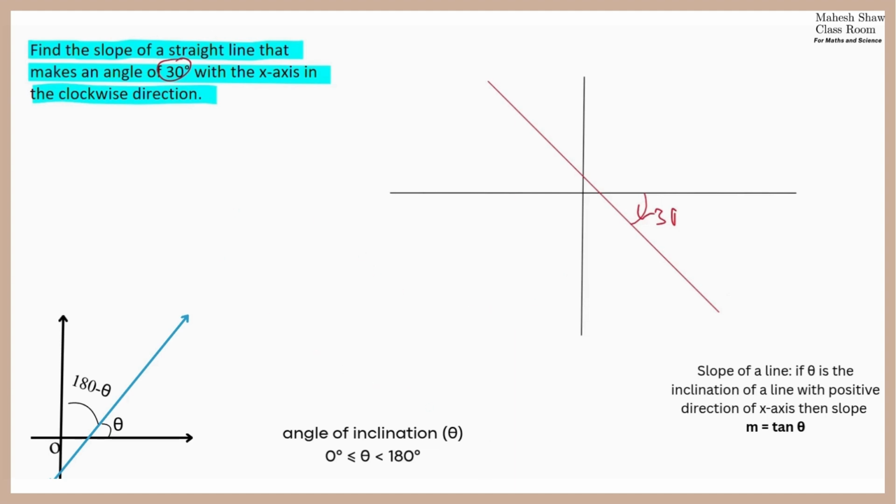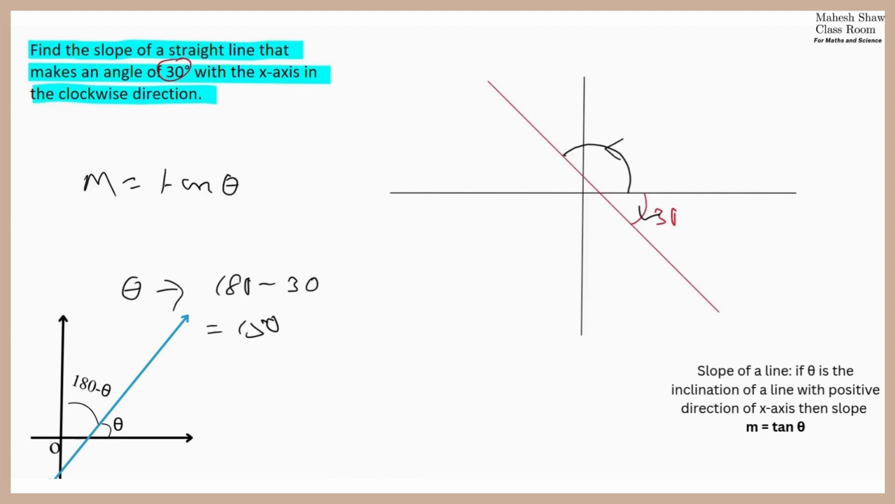So what we know is that the slope of a line m is equal to tan theta, where theta is the angle of inclination. And the angle of inclination is the angle made by the line with the positive direction of the x-axis, measured counterclockwise. So we can see from here that theta is not 30 degrees. The angle of inclination should be 180 minus 30, that is 150.